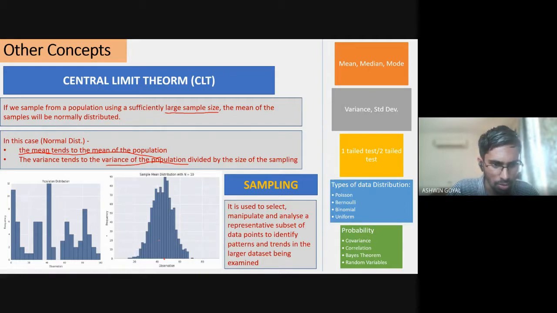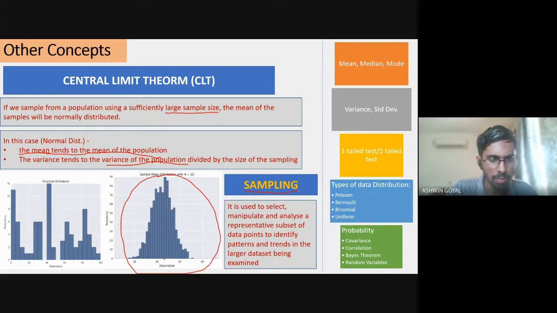Now, if you notice, this is quite uniformly distributed, and this is a random distribution. Since this is a large distribution, we can probably assume that the mean of the sample will be normally distributed, and this is basically the distribution of the mean of the sample, right?